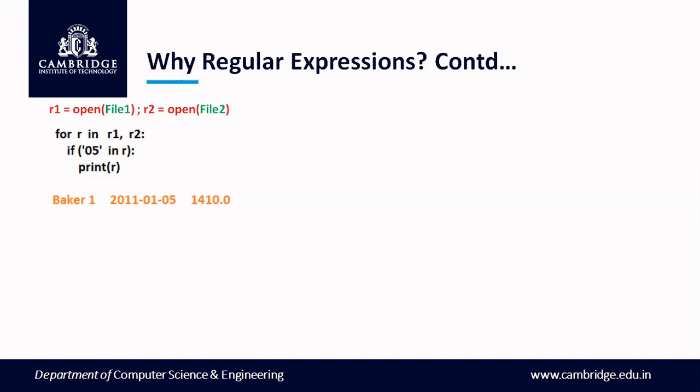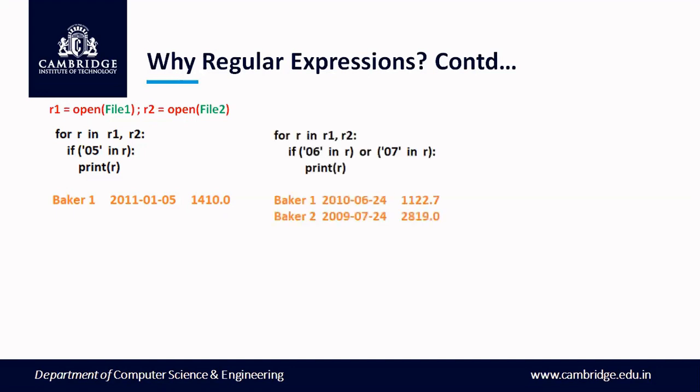Fine. Let us see one more code. I want to extract the 6th month and 7th month. Now, when I see the output, according to this, the output is right. But suppose assume that 06 is replaced in place of 24. In that case, my output would be again wrong, right?